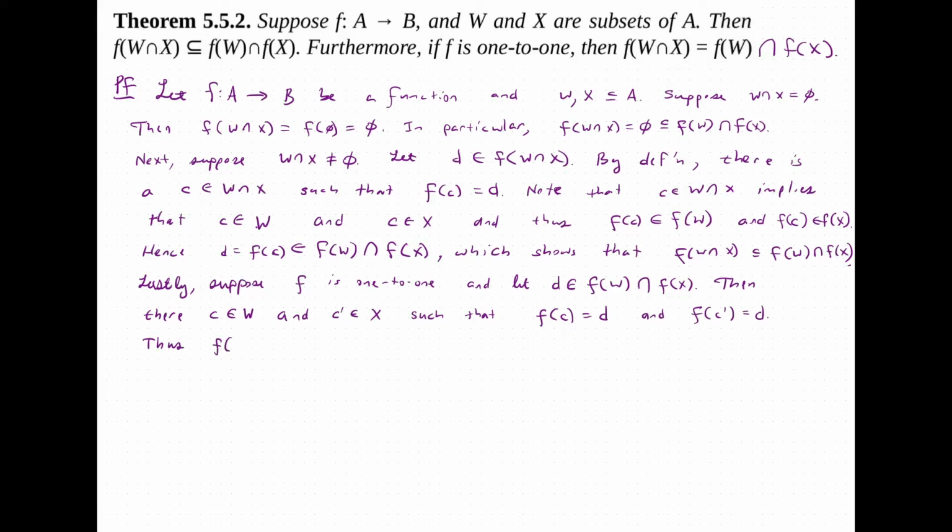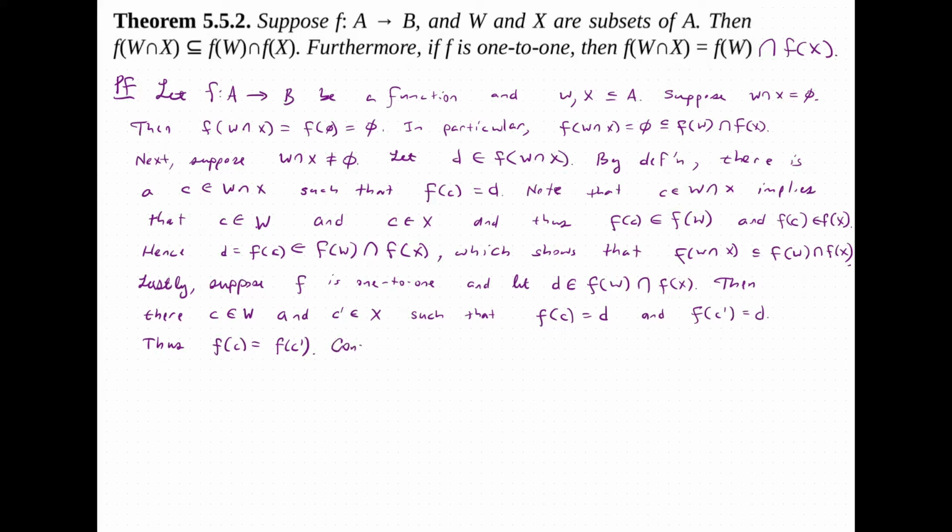Thus, f of c is equal to f of c prime, but the function is one-to-one. And by the one-to-one property, having an equality of this form, f of c equals f of c prime, tells us that c is equal to c prime.